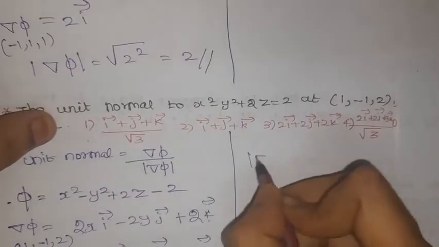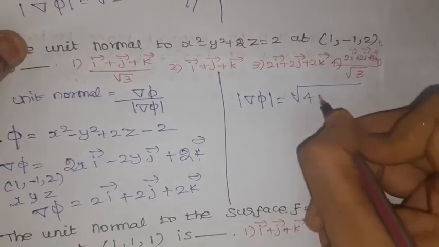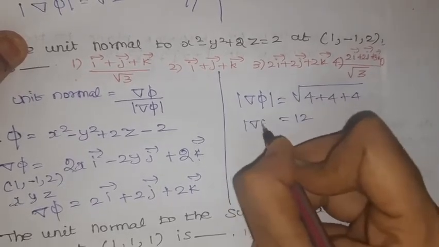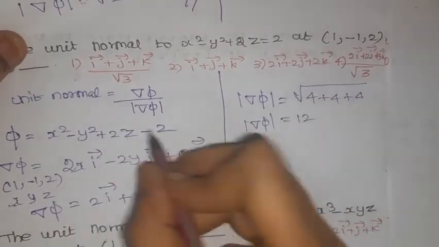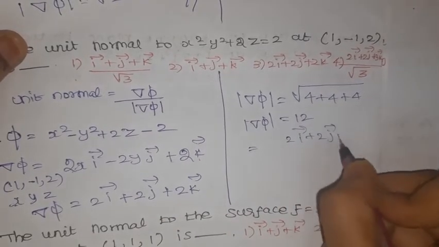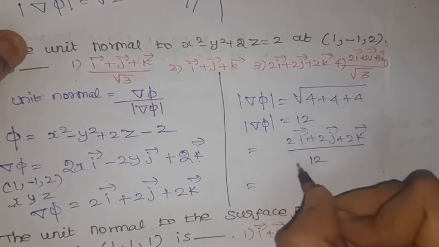Then magnitude of del phi, what we will get? See, square root of 2 squared plus 2 squared plus 2 squared, 4 plus 4 plus 4, 12. So unit normal, just substitute del phi is 2i plus 2j plus 2k. Then modulus of del phi is square root of 12.